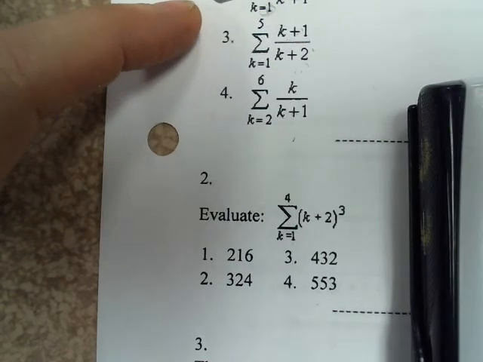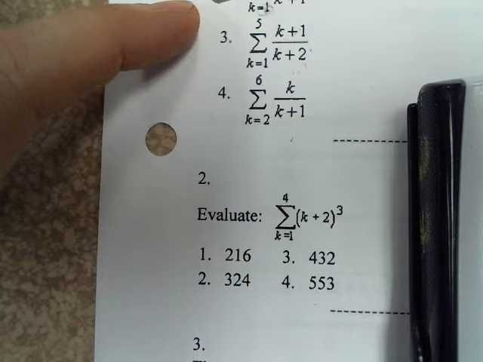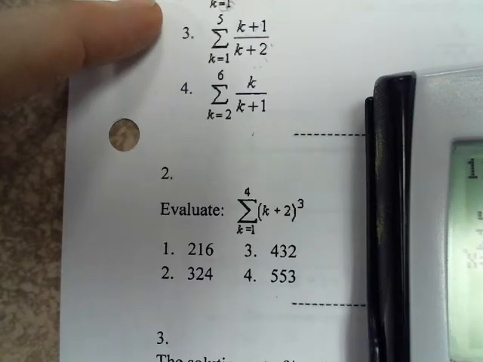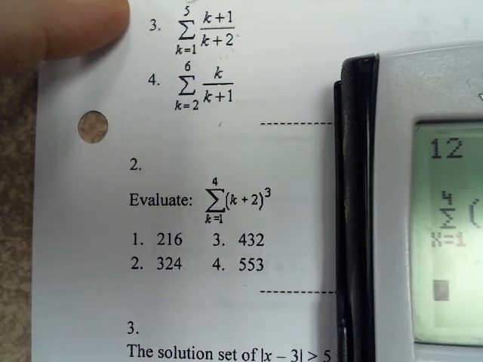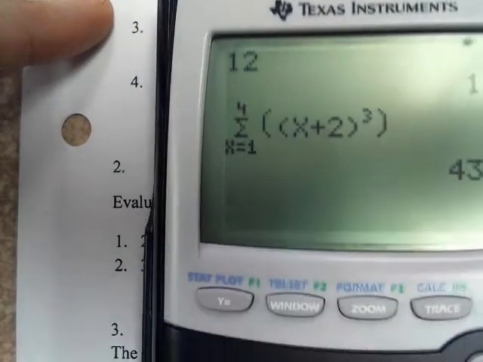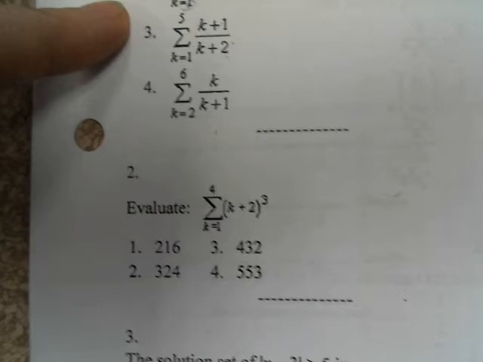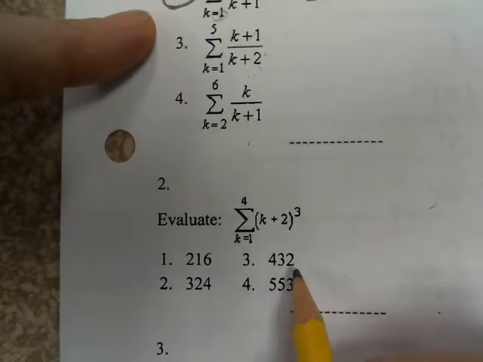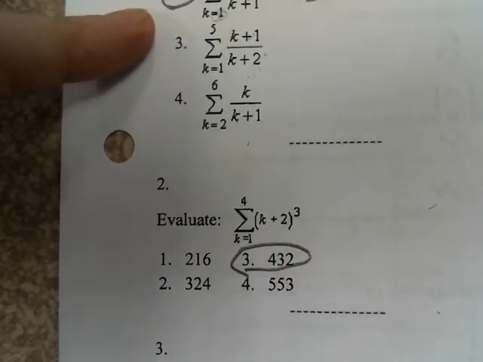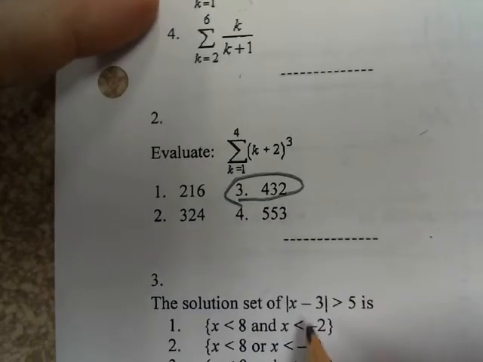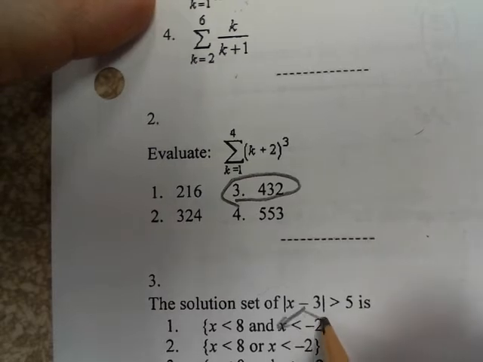There's your sigma, and so we're going to do x is equal to 1 up to 4, and in parentheses goes x plus 2, and then you're going to raise that to the 3rd power. So 432 looks like it would be the answer right out of your calculator. Alpha window option 2. If you don't have one of these graphing calculators, you'll have one at your test on Monday morning.